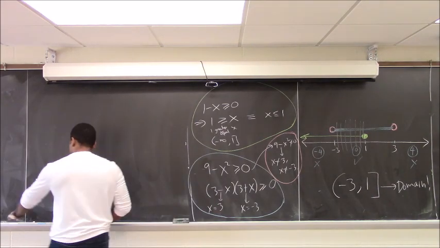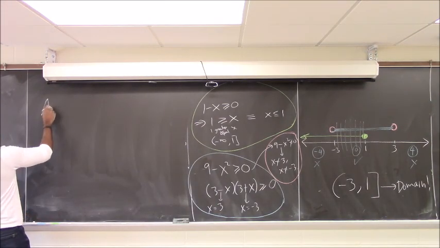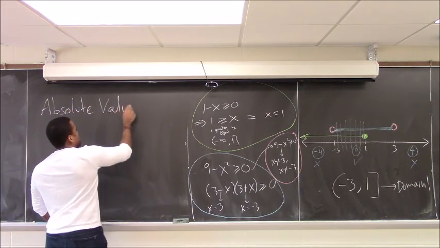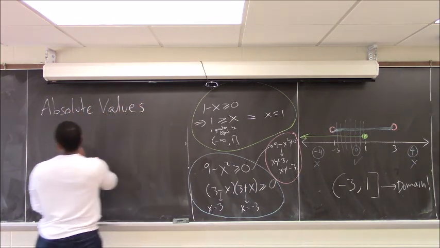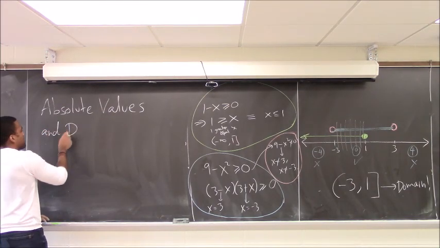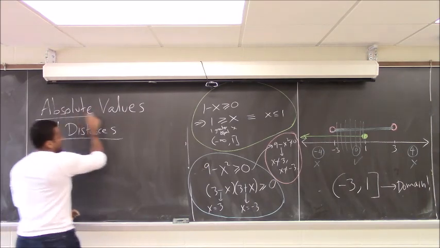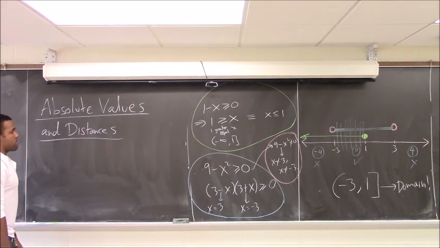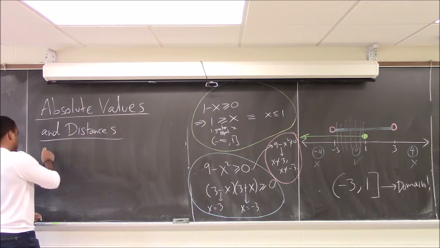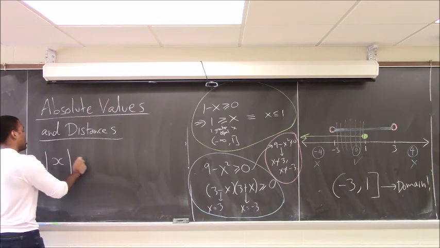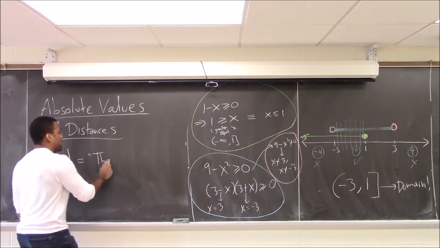It is the idea of an absolute value. So the notation, you might recall, is straight line bars. So this means the absolute value of x.